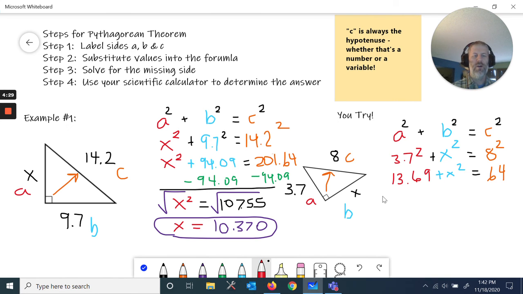Again, the x squared is on this side with a number, so we're going to subtract. We want to use green for that. So this green stuff, we're going to subtract the 13.69 from both sides. And we are left with x squared.